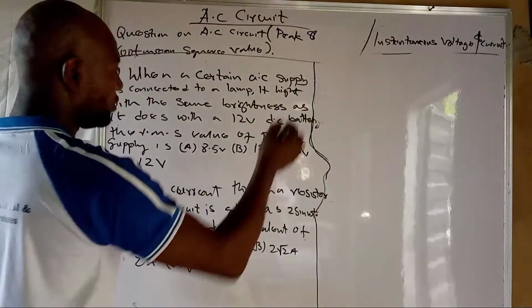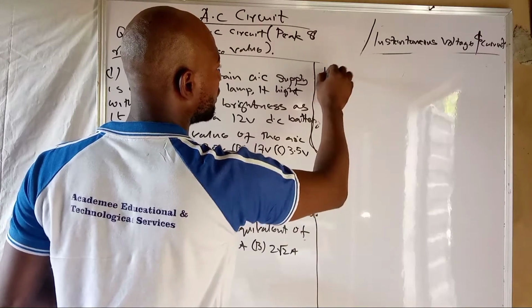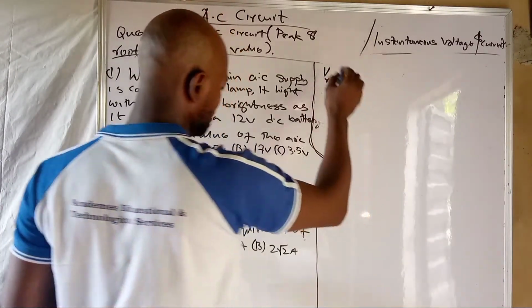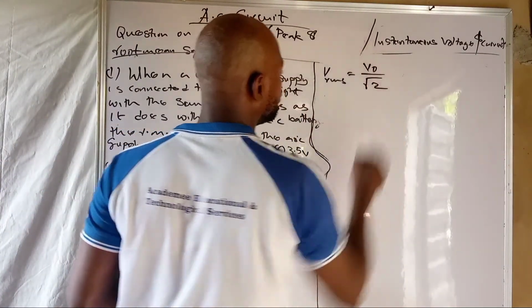From our relation, root mean square is equal to peak value over root 2.